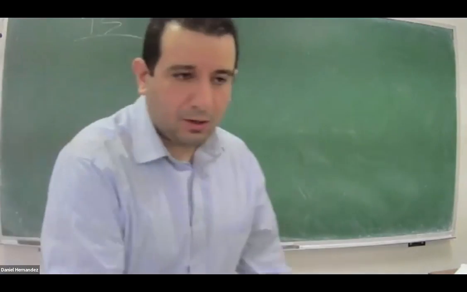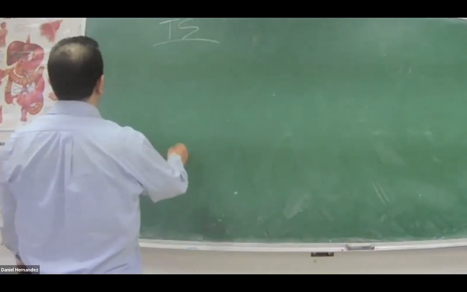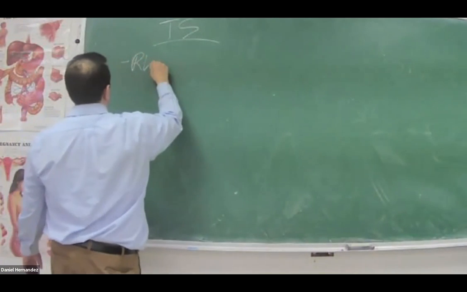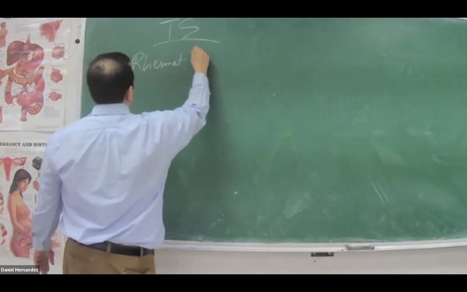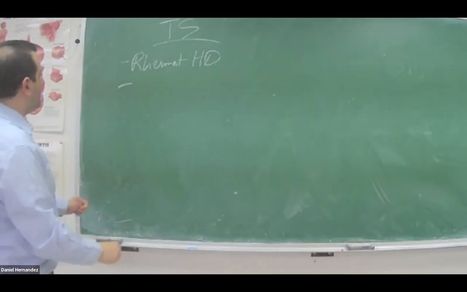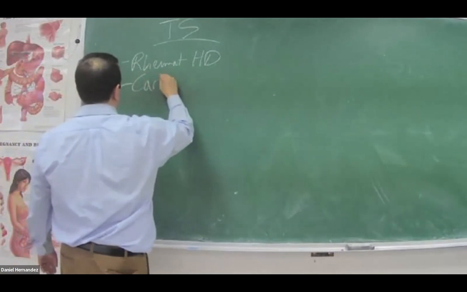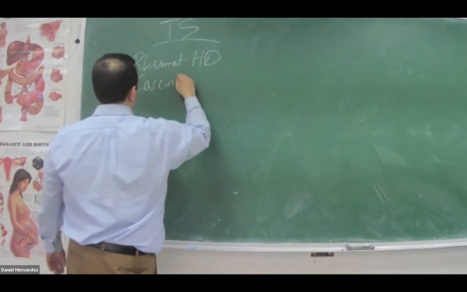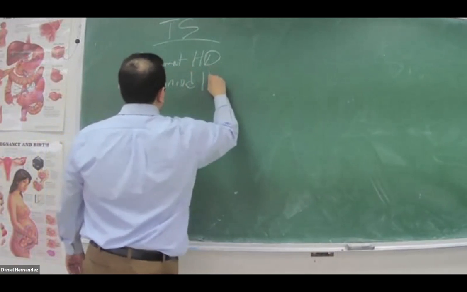So most common causes for tricuspid stenosis, the most common is going to be rheumatic heart disease. Second most common is going to be carcinoid heart disease.